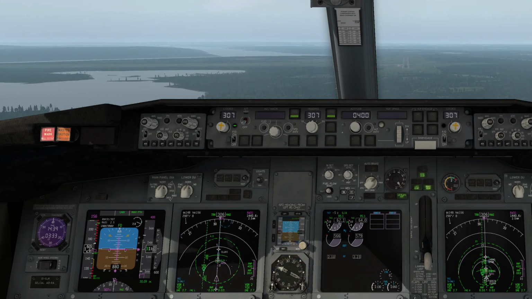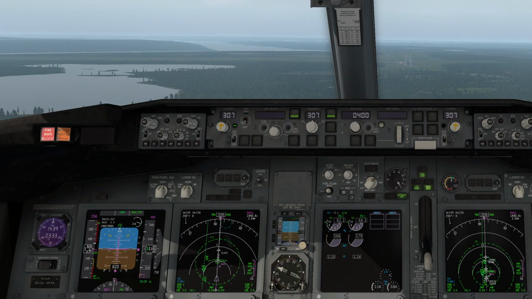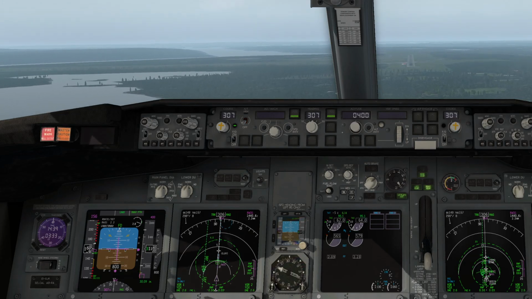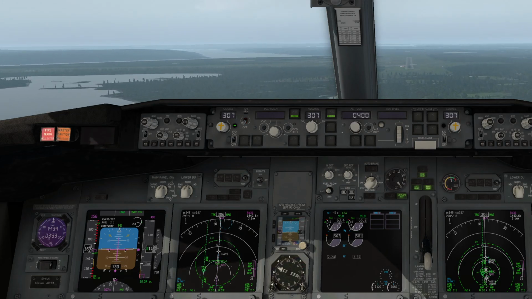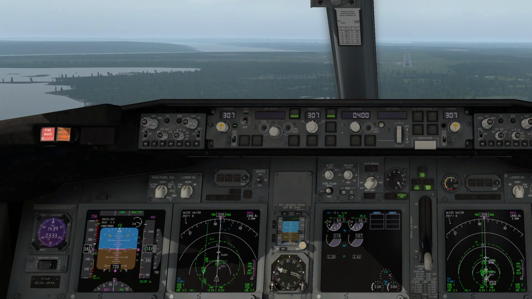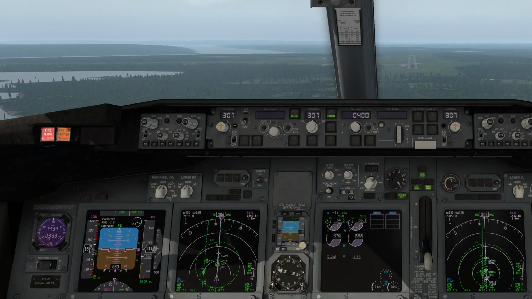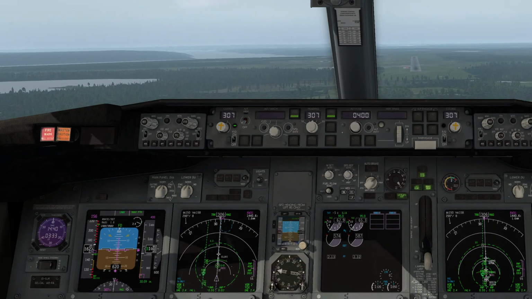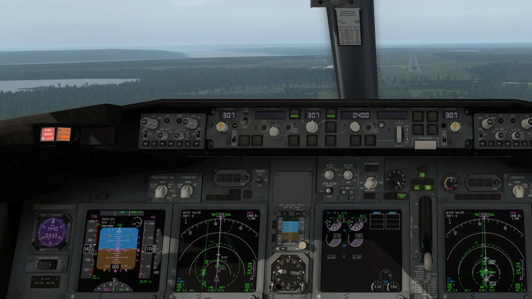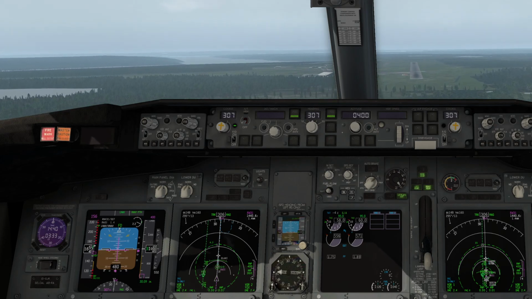Two white, two red. .62, a little too fast. Reduce. 500.